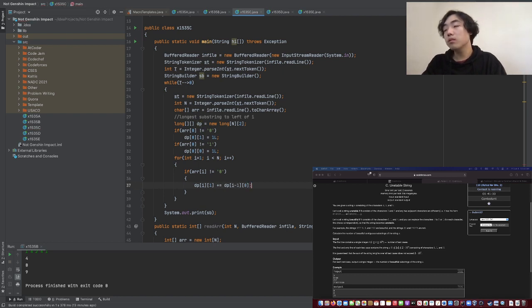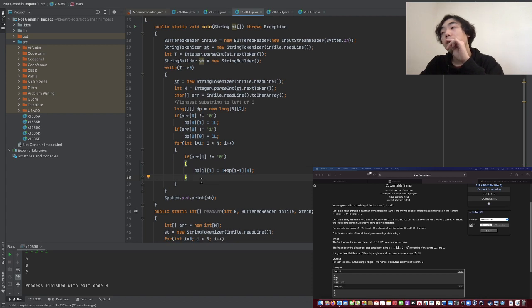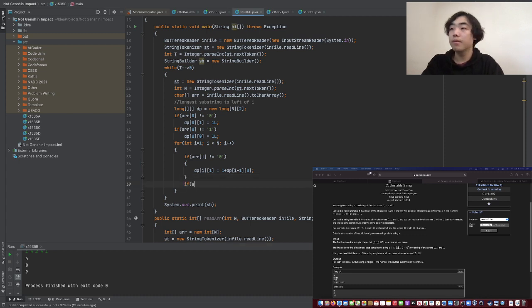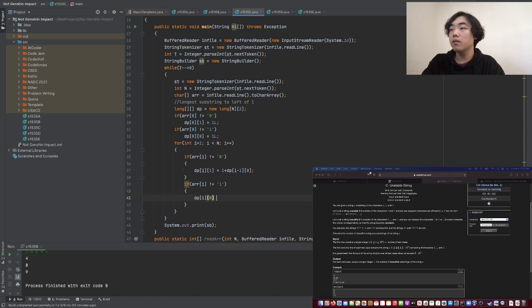Number of ways we do this. I think that makes sense. Well, I guess it's 1 plus that. Okay, if it doesn't equal 1, then dp at i and 0 is equal to 1 plus dp at i and 1.